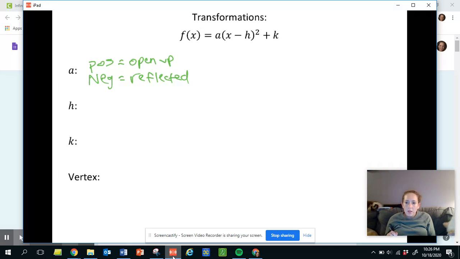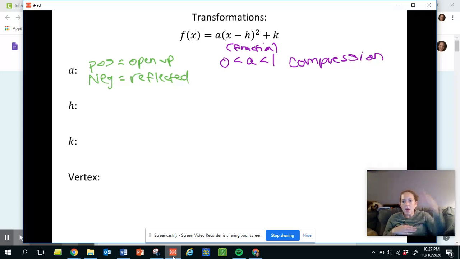The other way is if A is between 0 and 1, so basically that means if it's a fraction, obviously the fraction would have to be less than 1, but if you have a number that's between 0 and 1, then it's what is called a compression.